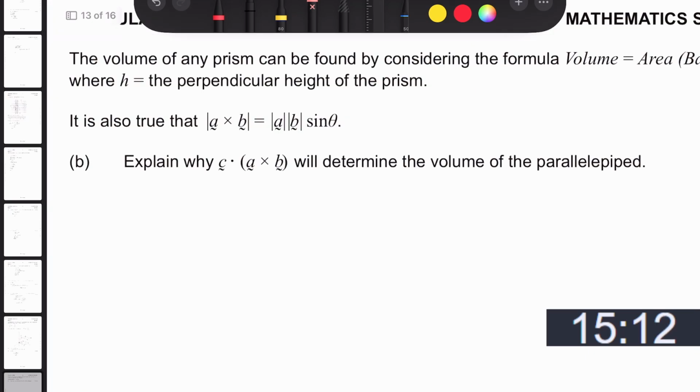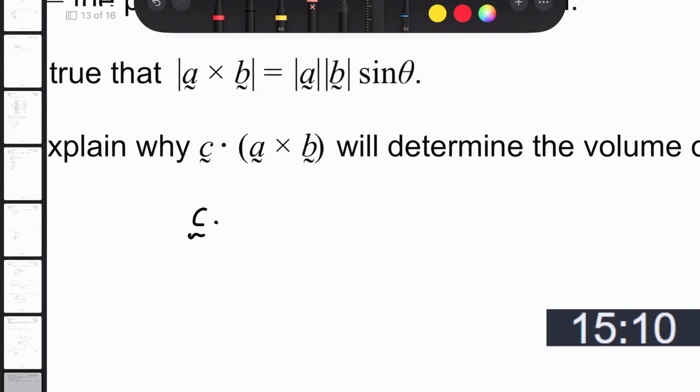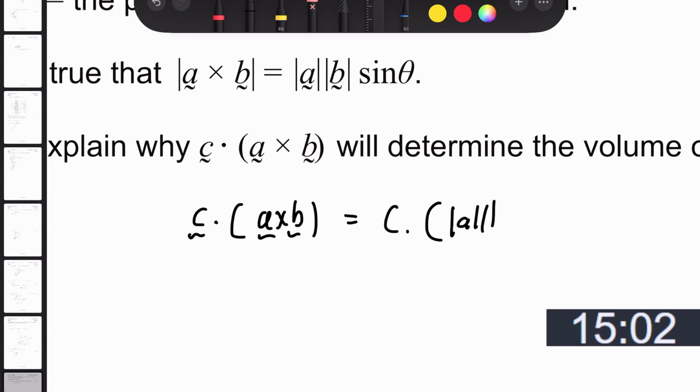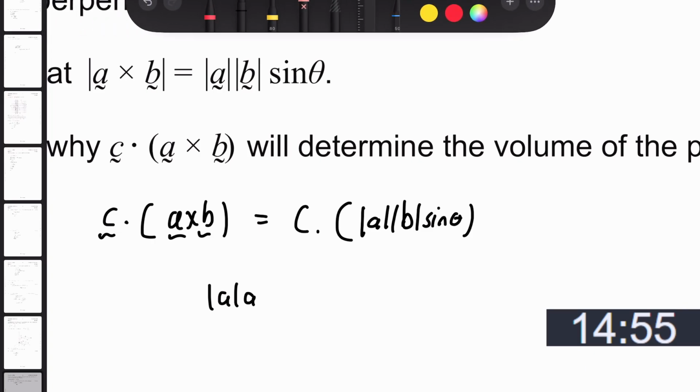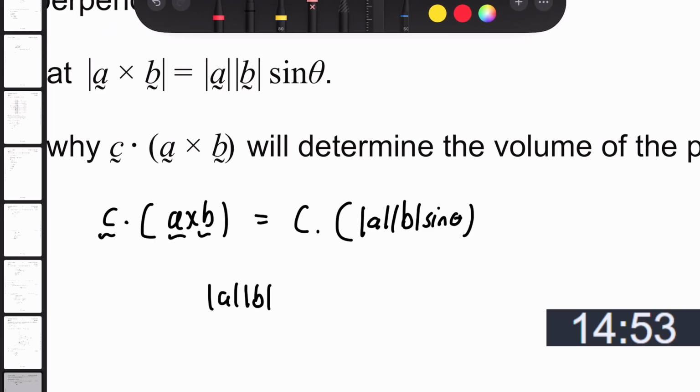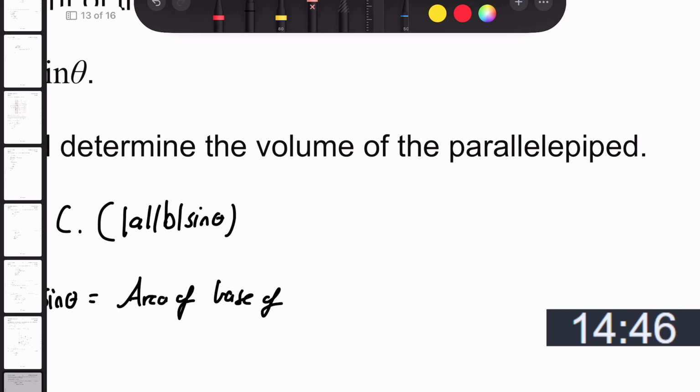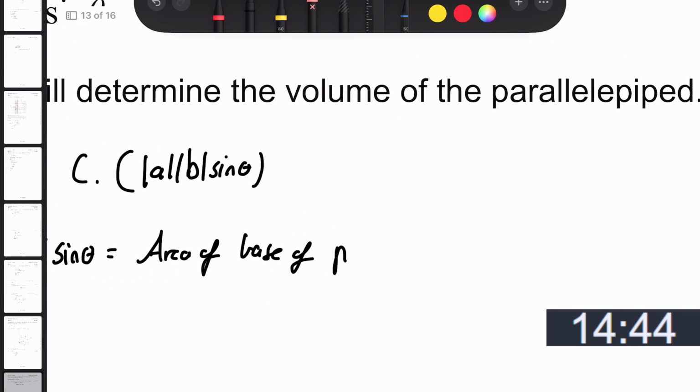Oh, okay, I see. So C dot A times B is equal to C dot magnitude of A, magnitude of B, sine of theta. And magnitude of A, magnitude of B, sine of theta is equal to the area of the base of the parallelepiped.